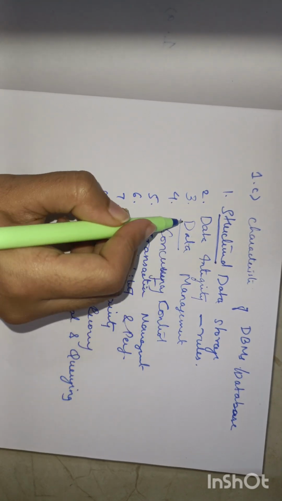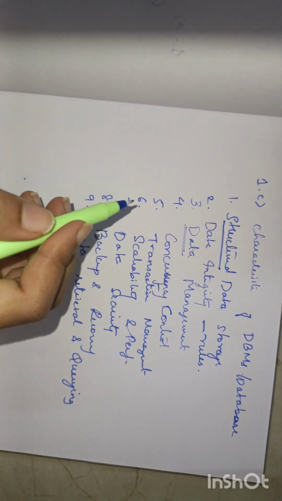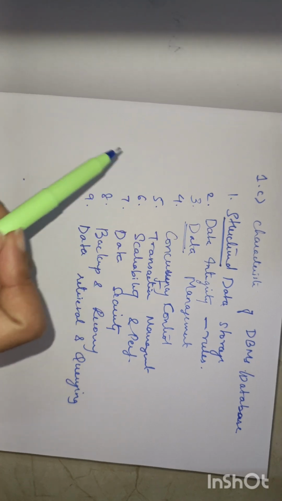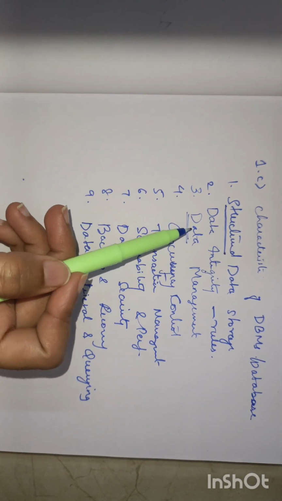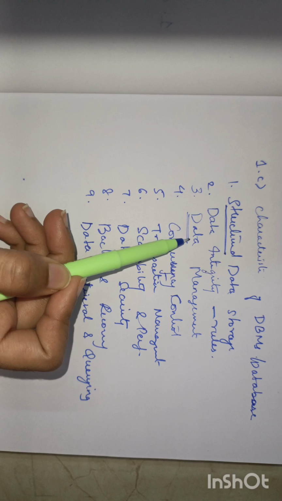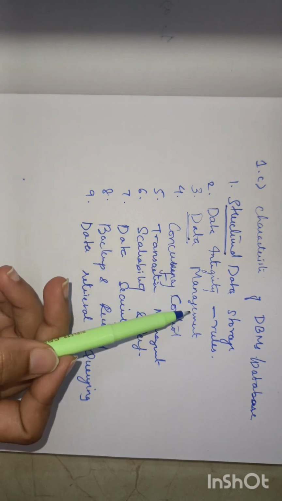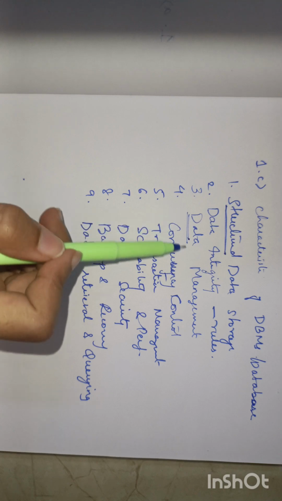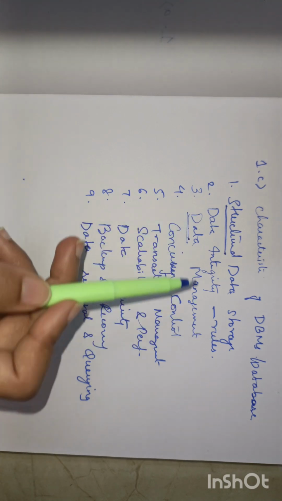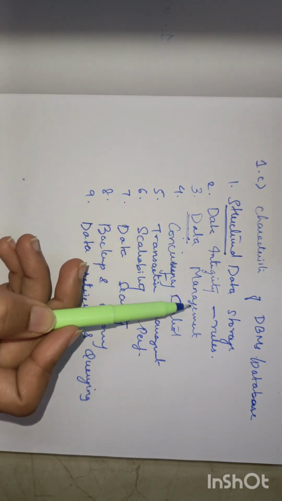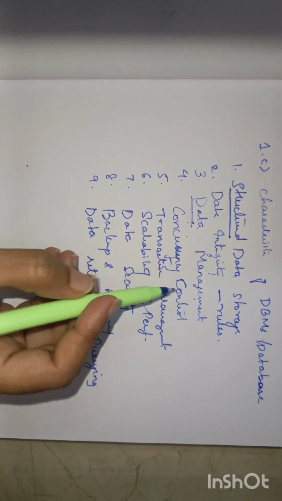Data management. Data can be handled and managed in several ways. For example, you can perform various data manipulation activities such as reading, writing, updating, creating, deleting. So, all this comes under data management. So, basically, you can do multiple operations and manipulation on the data.